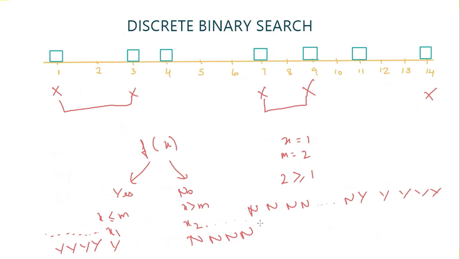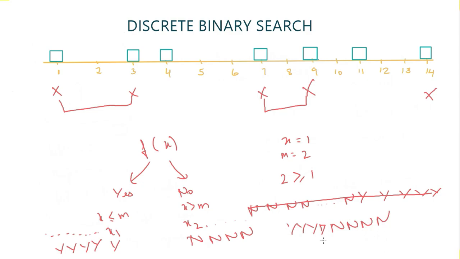Our function is following a pattern of yes, yes, yes, yes, followed by no, no, no, no. It is not following no, no, no, no, yes, yes, yes. Instead, it is following yes, yes, yes, no, no, no, which is monotonic.